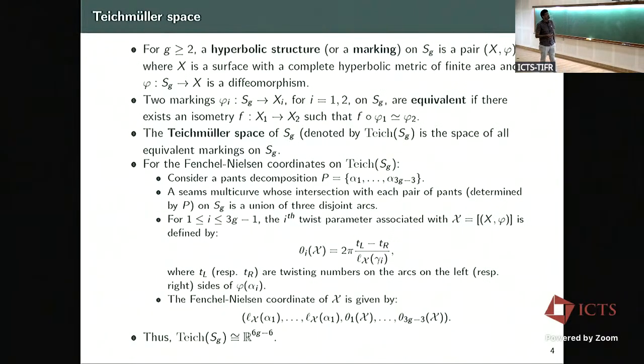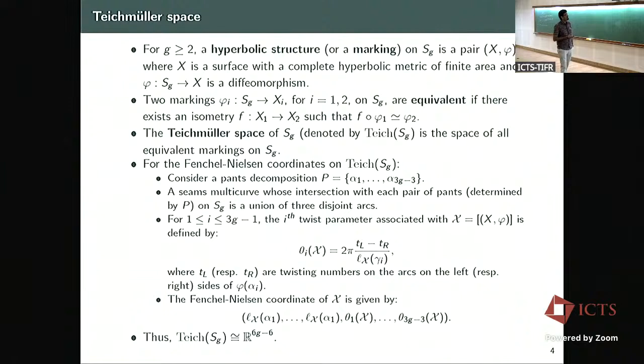All right. So just a quick review of Teichmüller space. A lot has been spoken about it already in this conference. So you have a hyperbolic structure on the surface, and here I'm taking the closed orientable genus g surface, right? A hyperbolic structure or marking, I'm taking as a diffeomorphism phi from S_g to X, where X is a complete hyperbolic metric of finite area.